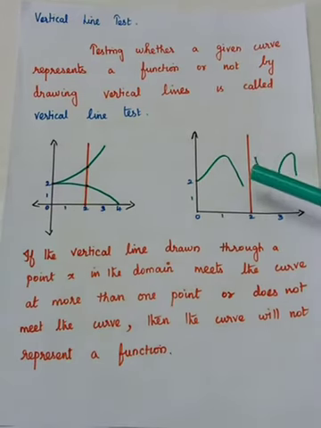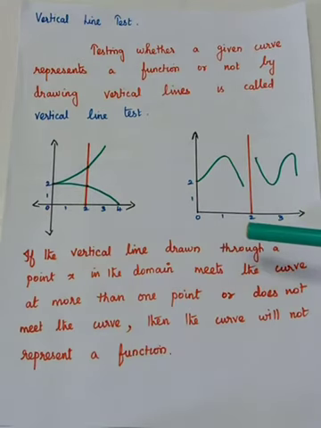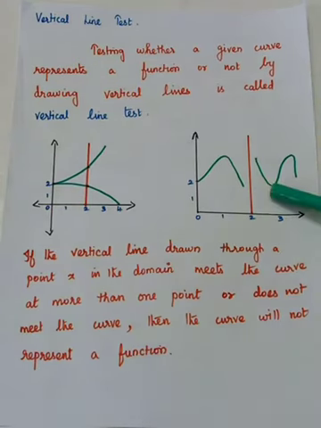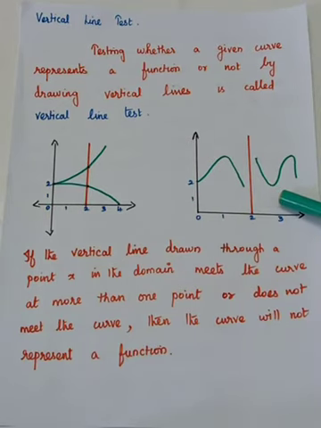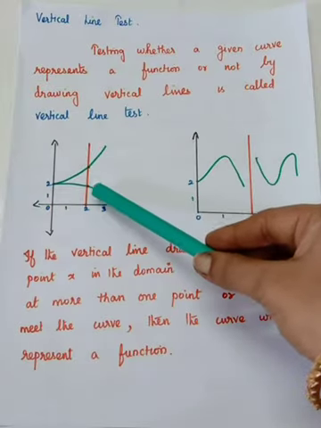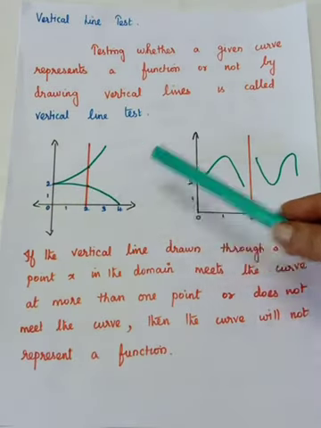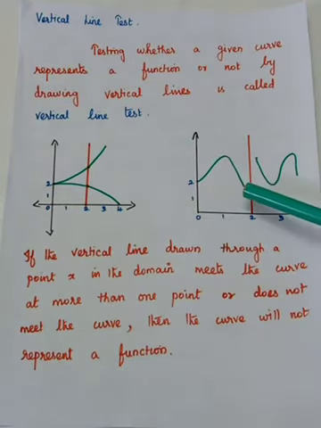So the element 2 in the domain is left out without mapping, without having any image. Therefore, this also does not represent a function. If the vertical line touches the curve at two different points or does not meet the curve, the given curve will not represent a function.